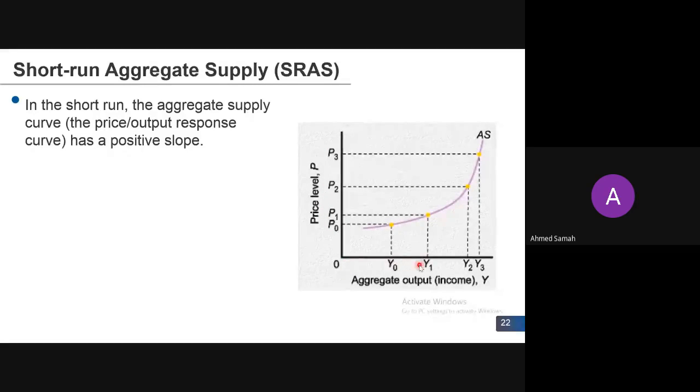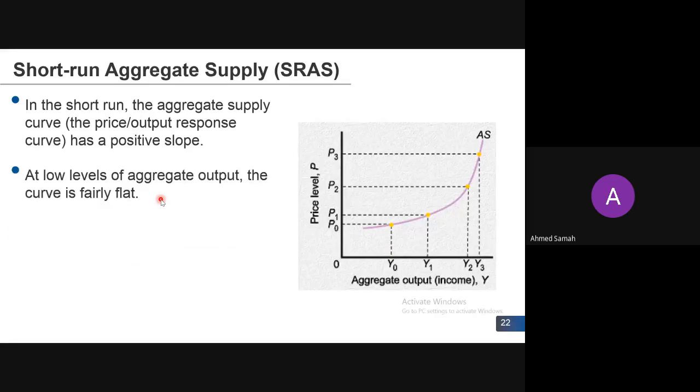When the price increases, the output level increases along the aggregate supply curve. That is because when the overall price level increases, the total amount of goods and services which producers are willing to produce and supply increases.